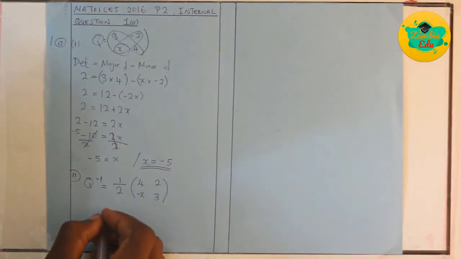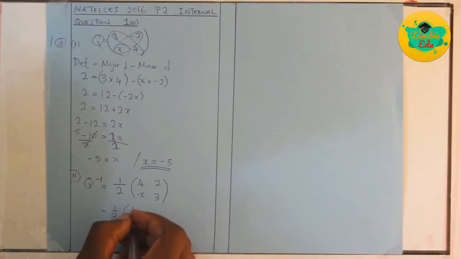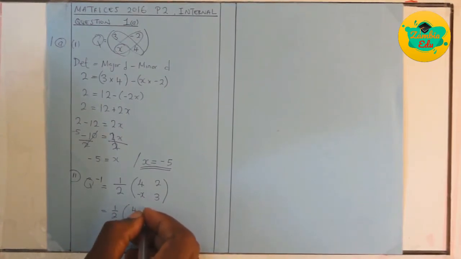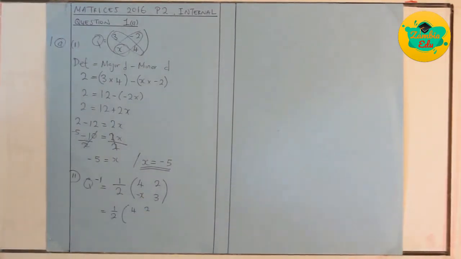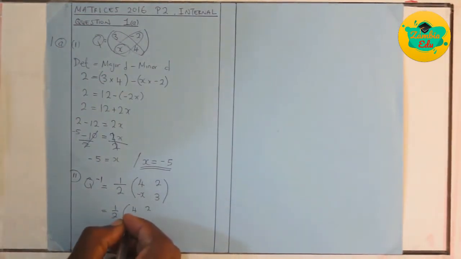So we make a replacement now. 1 over 2, open bracket, you have your 4, you have your 2, and you have your negative x. However, on the negative x, we have been told in our question that what we just calculated was that the value of x is negative 5. So we replace x with its value, which is negative 5. And if we do that, you have negative, open bracket.